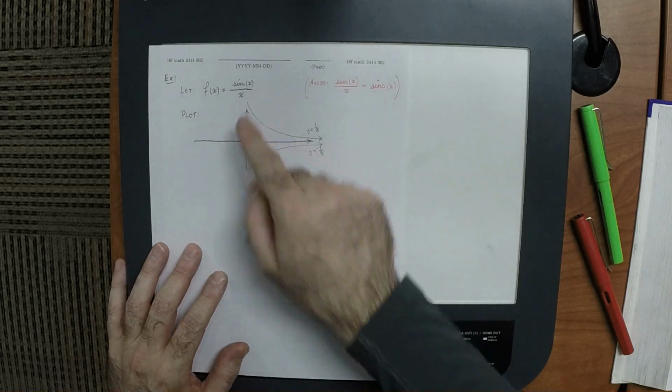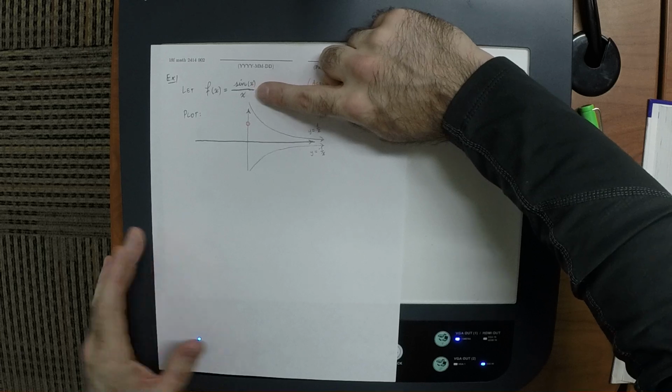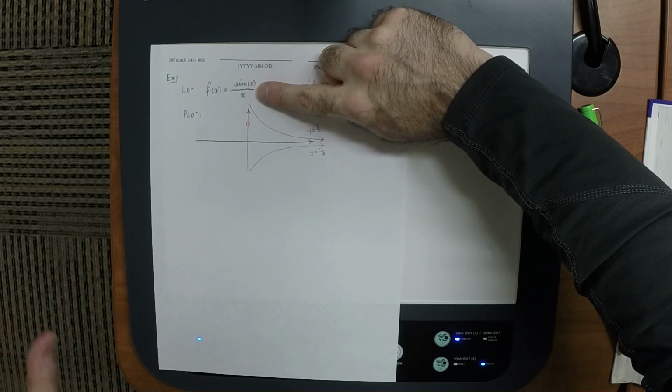Because the biggest sine can be is 1, and the smallest sine can be is -1. So the biggest it could ever be for any x is 1 over x, and the smallest it could ever conceivably be is -1 over x.